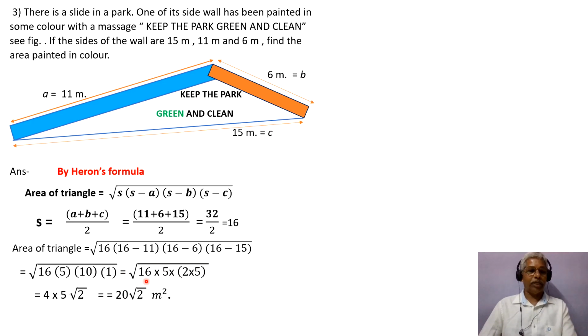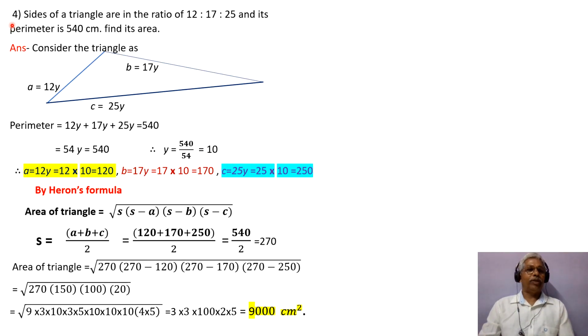So root of 16 into 5 into 2 into 5. If you take this out, that equals 4 into 5 root 2, or 20 root 2 meters square. Don't forget this. This is in meters, so the area has to be in meters square.